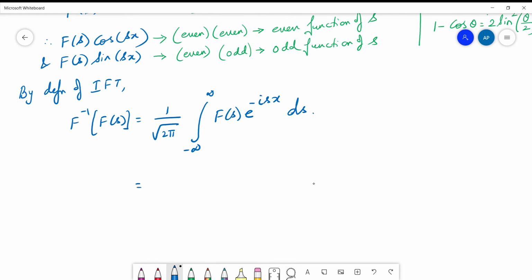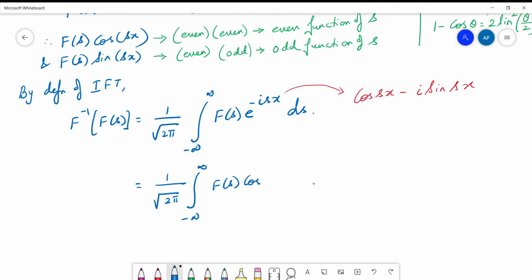Integration is done with respect to s. The first step, as I said, must be rewritten as cos sx minus i sin sx. That's the change here. And so when I split this into two integrals, I get 1 by root 2 pi integral minus infinity to infinity f of s cos sx ds minus i by root 2 pi integral minus infinity to plus infinity f of s sine of sx ds.